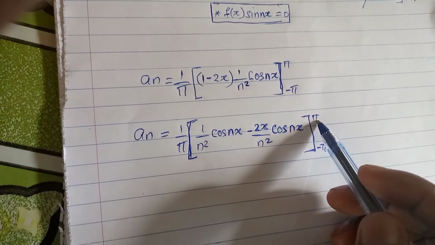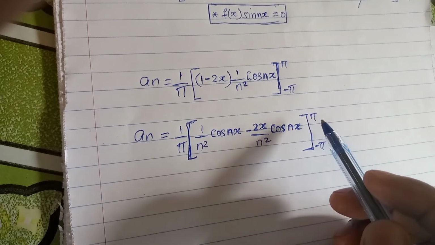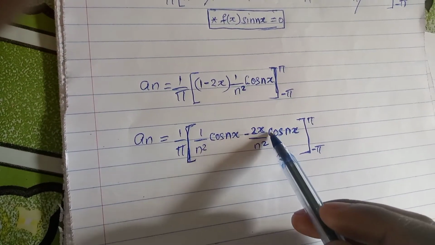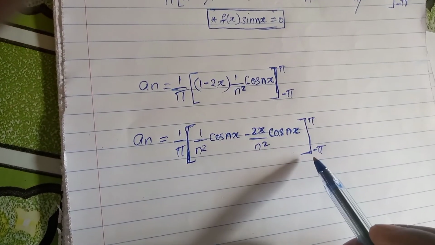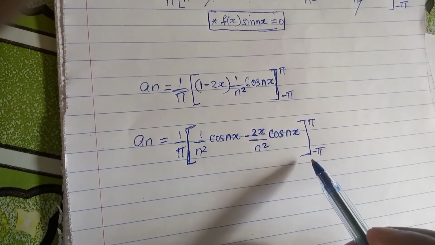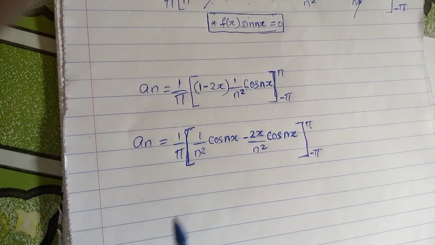Now we are going to substitute our limits. We begin by substituting the upper limit, that is pi, where there is x. Then we shall subtract the substitution of negative pi, where there is x also.